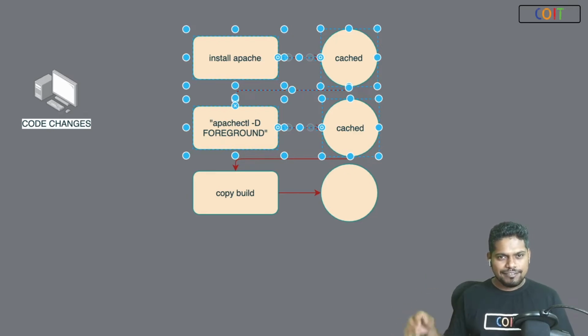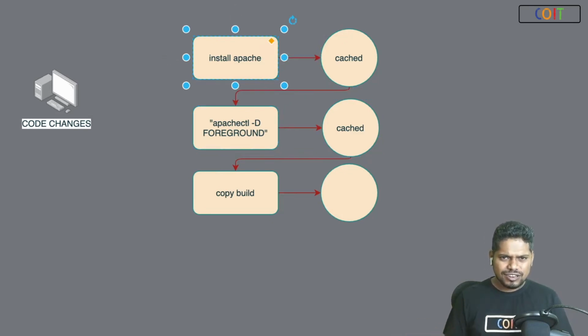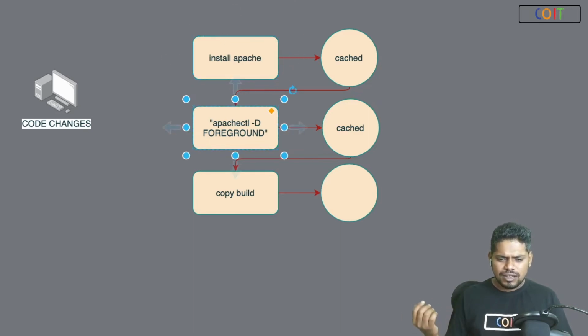It changes every day, every few hours. But how about the Apache installation? It doesn't change a lot. It's a one-time action to install Apache. The startup program doesn't change a lot. Maybe the latest Apache version has a different command, but the chances are very rare. The build folder is what will change a lot.